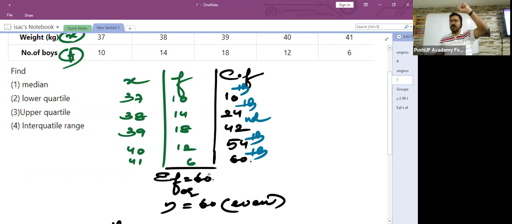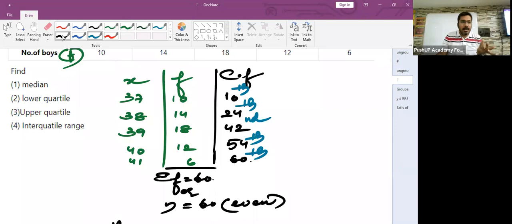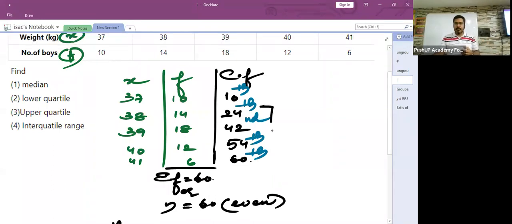The 30th term will occur in between the 24th and 42nd term. You all agree with that, children?